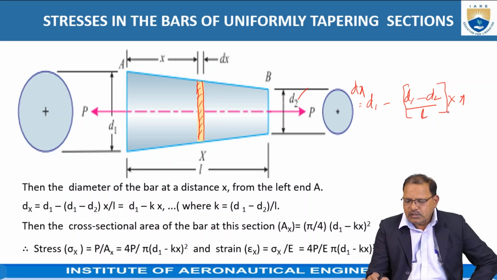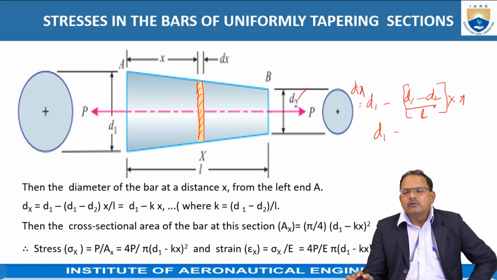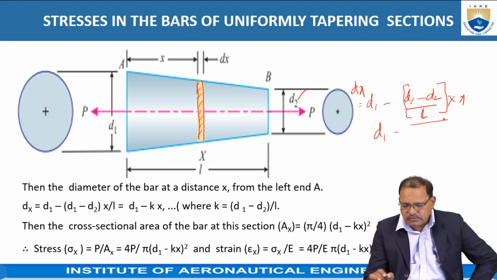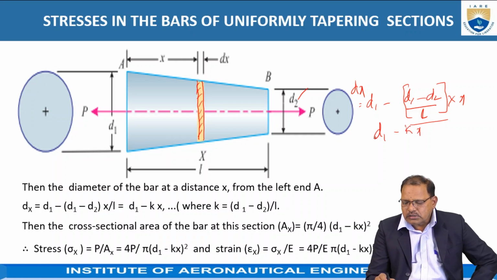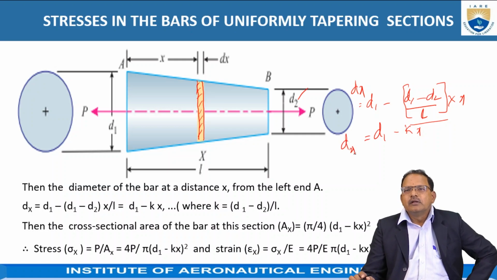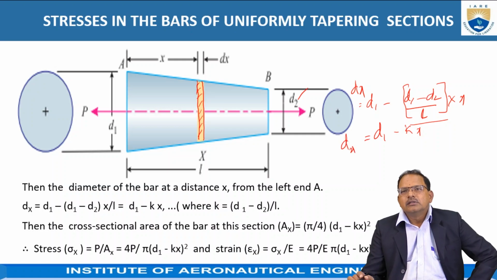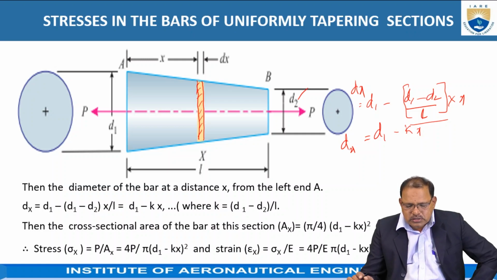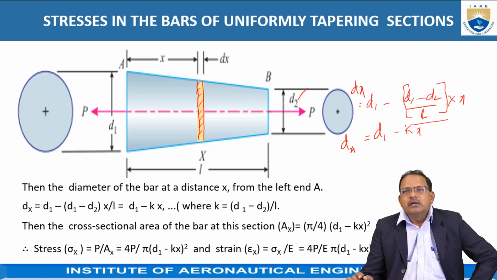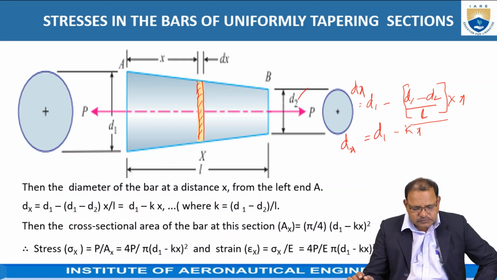Since (d1 minus d2) divided by L is constant, I take it as k, so dx equals d1 minus kx. That dx represents the diameter of the circular bar at a distance of x from the bigger end, as shown in the figure.